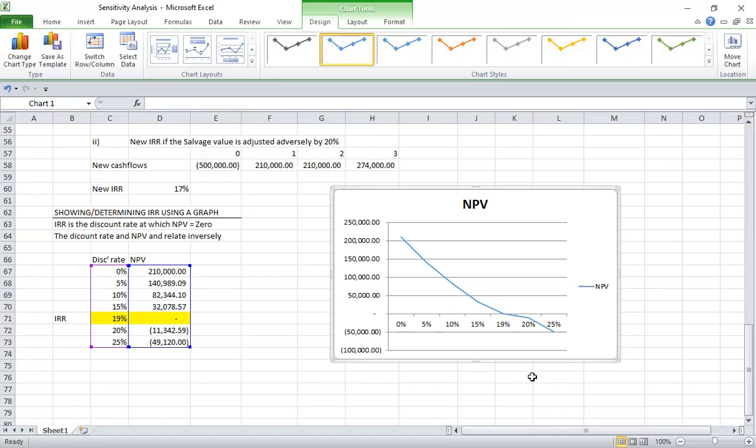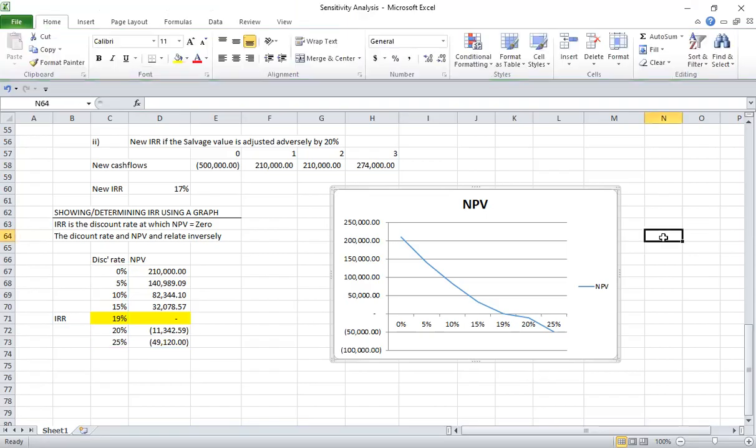Now, allow me to remind you that the point where NPV is equal to 0 is the point where we have the internal rate of return.